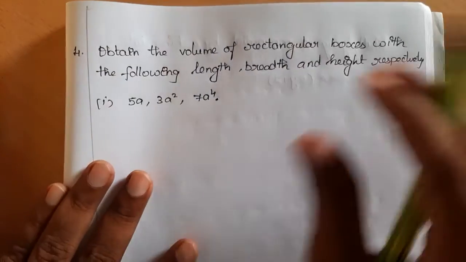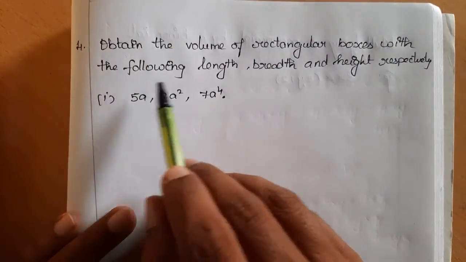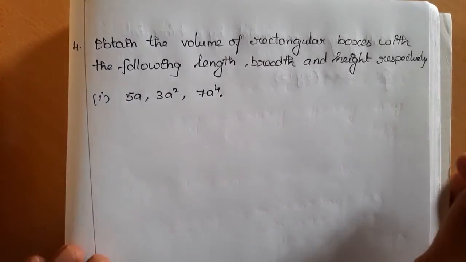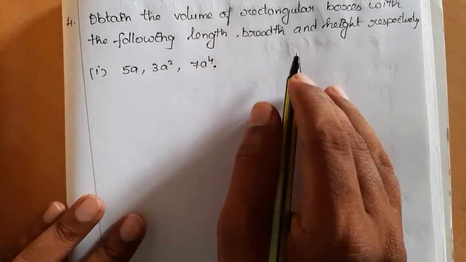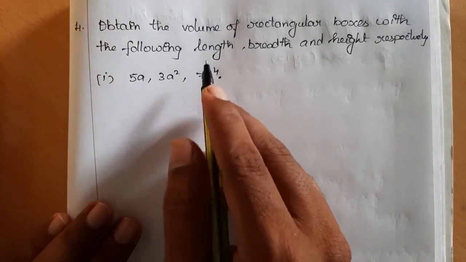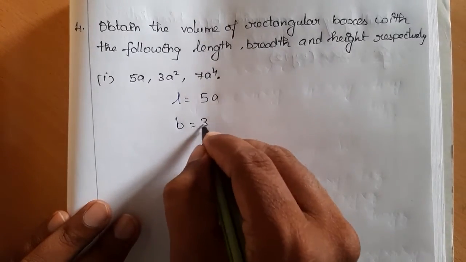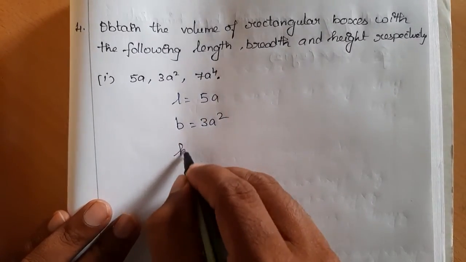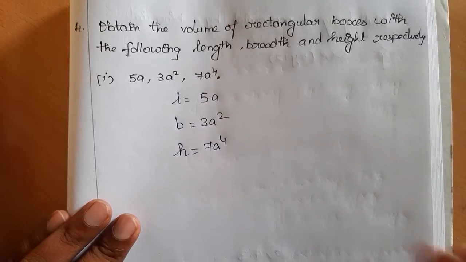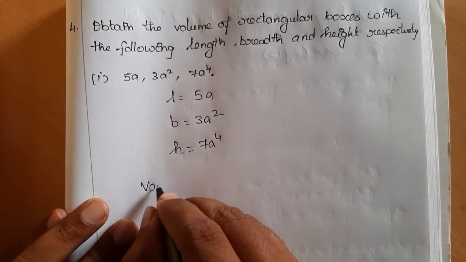Here we go for the next problem. Obtain the volume of rectangular boxes with the following length, breadth and height respectively. So we have to find the volume. The volume formula is L into B into H for the rectangular box. Given length is equal to 5a, breadth is equal to 3a square, and height is equal to 7a power 4.